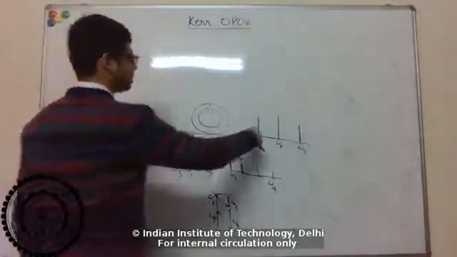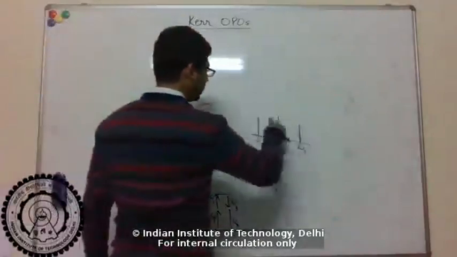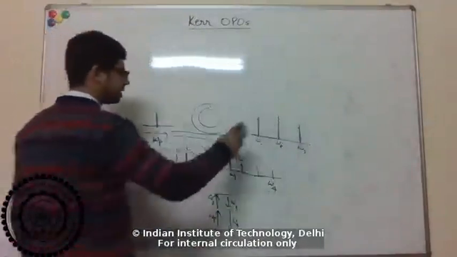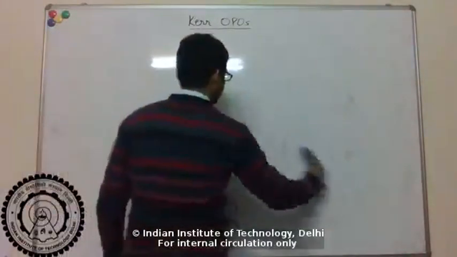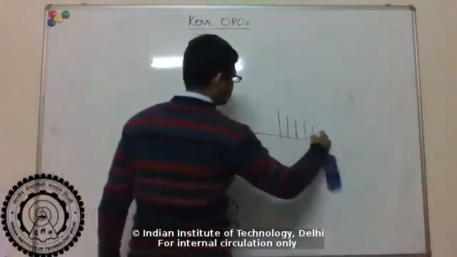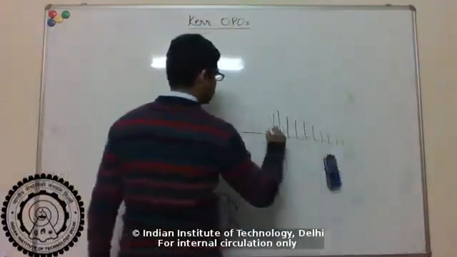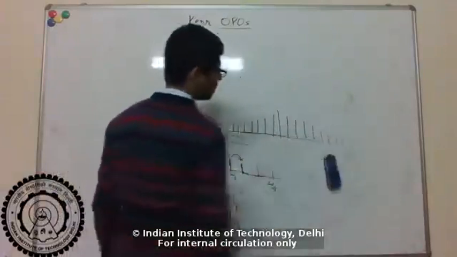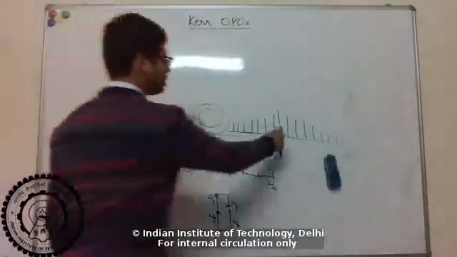Okay, so instead of just two discrete modes coming out, if you pump it hard enough and the conditions are right, what you end up getting at the output is many, many modes, all spaced by the cavity FSR.